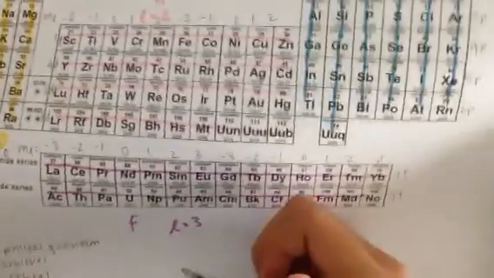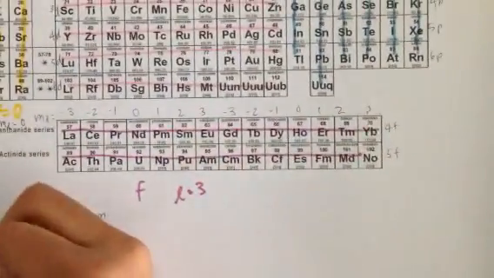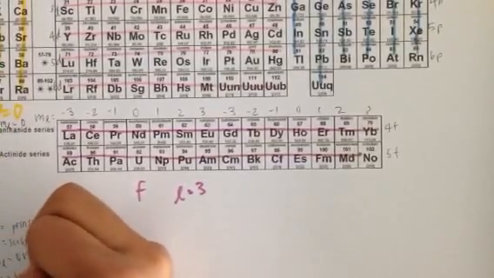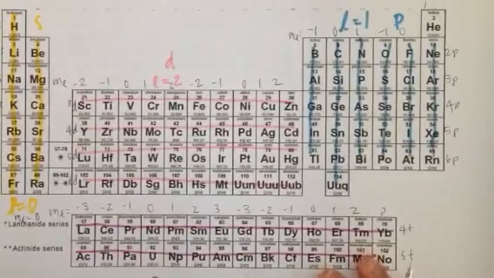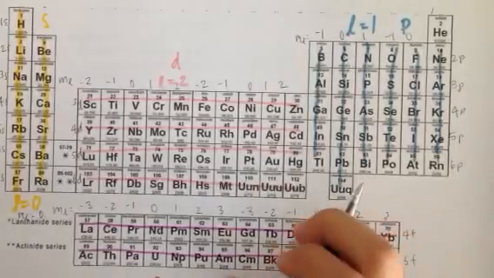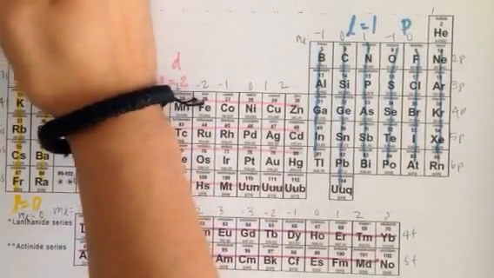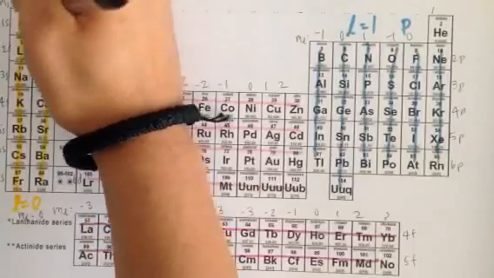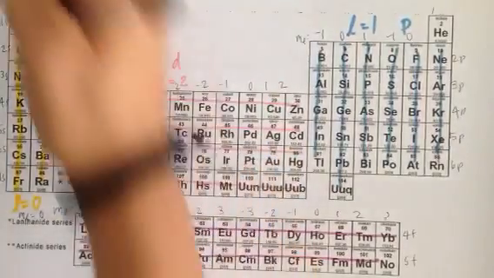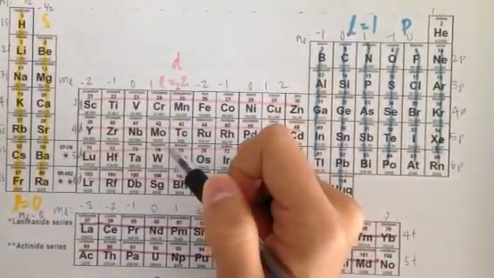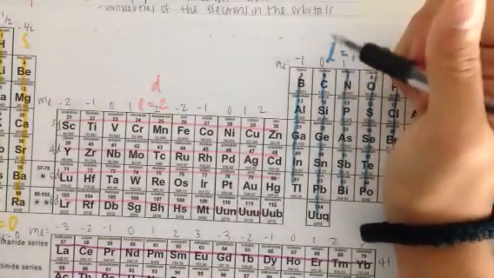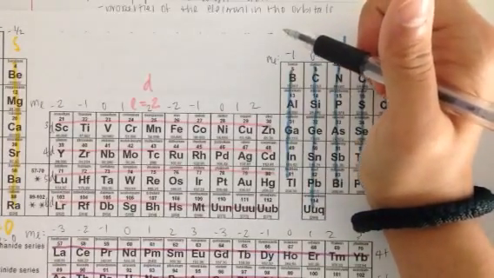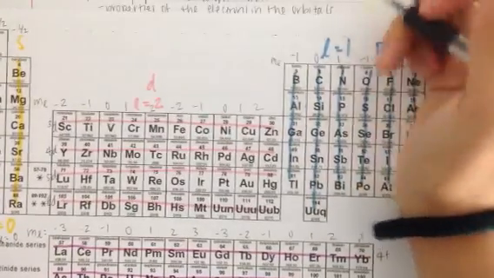And then finally you have your M sub S, which is your spin. And that can be from +1/2 to -1/2, and it pretty much depends on where it is in the periodic table. So in the S sublevel, it starts at +1/2 and it goes to -1/2. And in the P sublevel, each cycle from the orbital sublevel has a different spin.